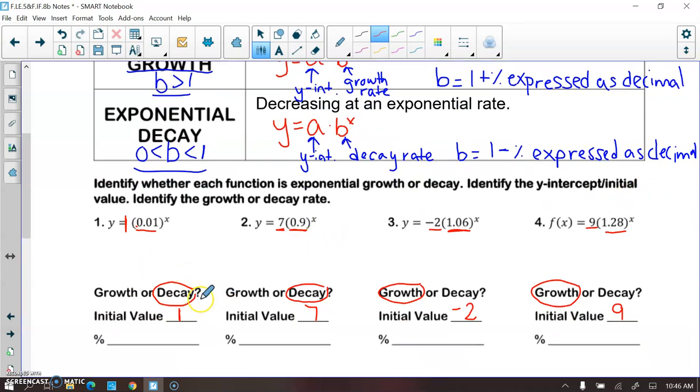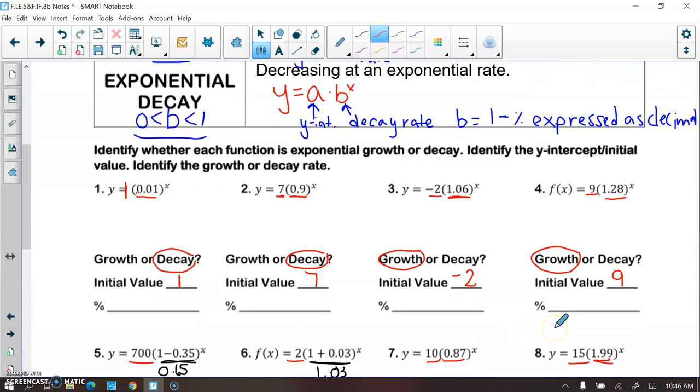Since we're dealing with decay in number 1, my b value is 0.01. So I'm going to take my b value and set it equal to 1 minus the percent expressed as a decimal. I don't know what my percent expressed as a decimal is, so I'm going to just leave that as my percent expressed as a decimal. That's an unknown.